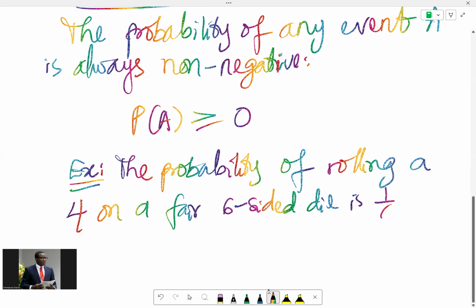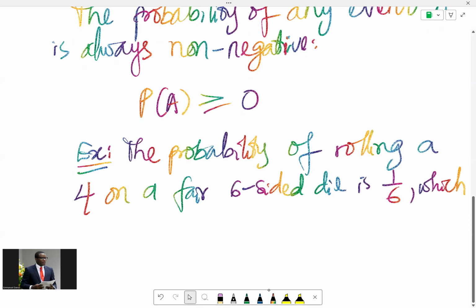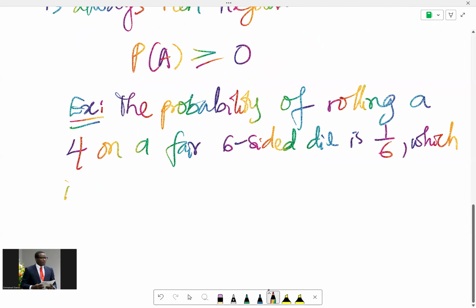No matter how hard you try, the probability does not go outside of this range. For example, the probability of rolling a 4 on a fair six-sided die is 1 out of 6, because there's only one possibility of getting a 4 out of all the possibilities. So this 1/6 is a non-negative number.